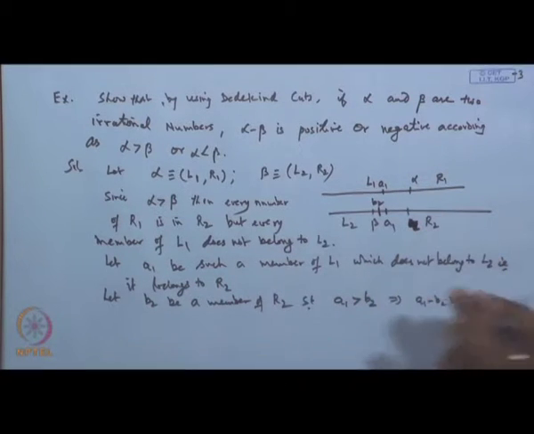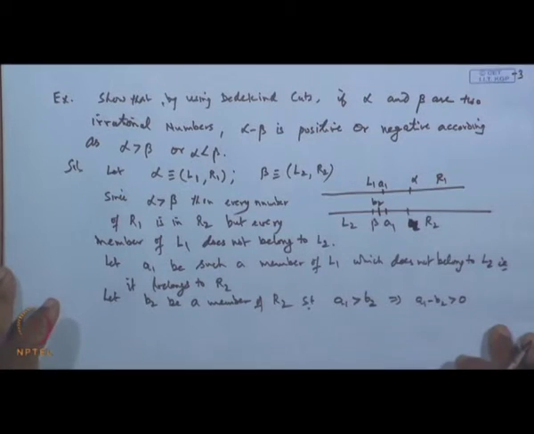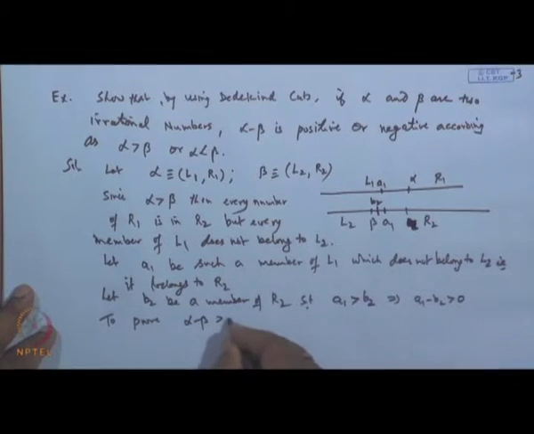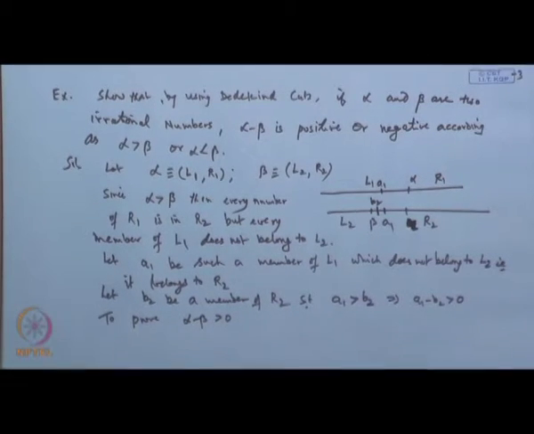Is this clear? Now, we wanted to prove this: alpha minus beta is positive. When it is a positive number, what do you mean by that? If I apply the definition of Dedekind cuts, then a number is said to be positive when its lower class contains some positive numbers. Then only is it considered to be positive.